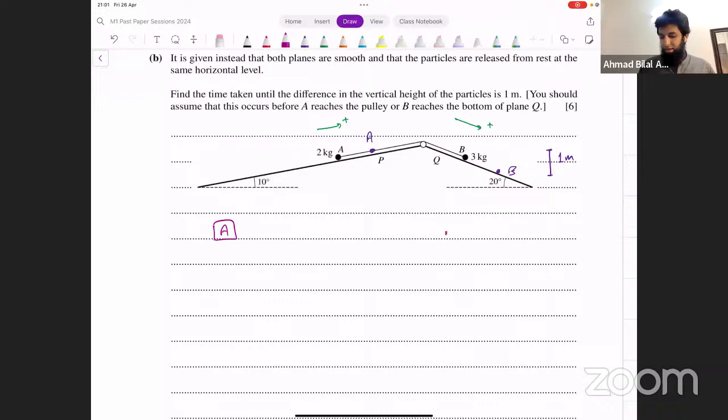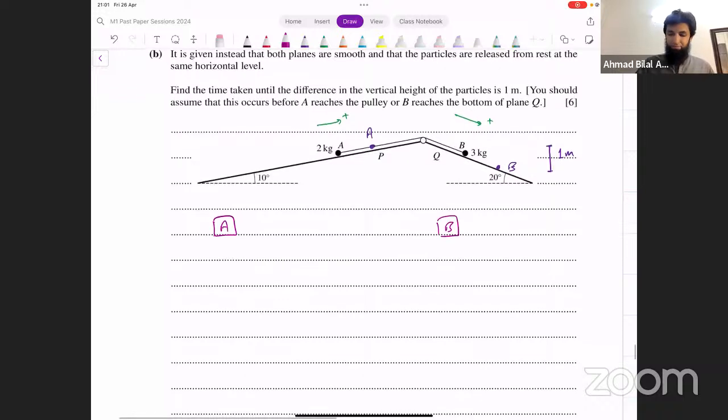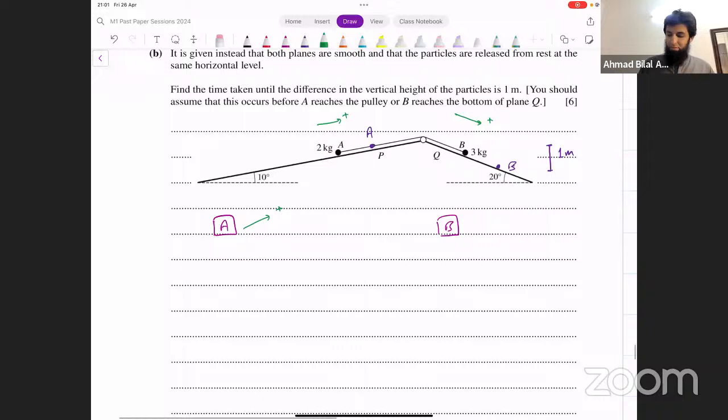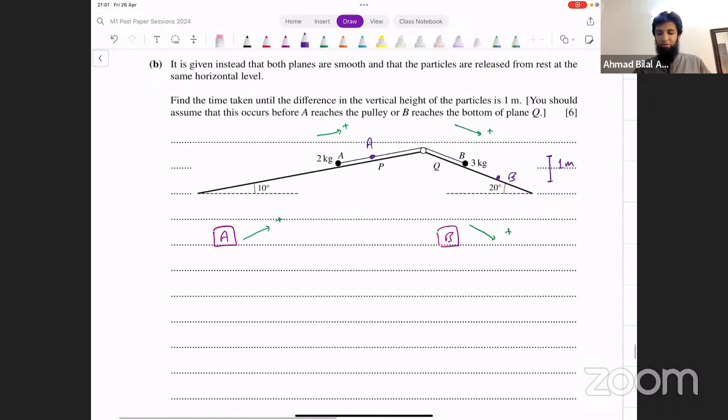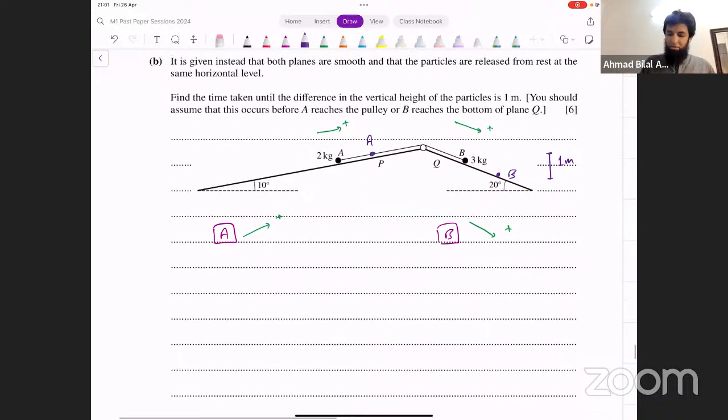This is A and this is B. A is moving in this direction and B is moving in this direction. What's the initial velocity for both the particles? They are both released from rest. So the initial velocity for A is 0, and the initial velocity for B is 0.